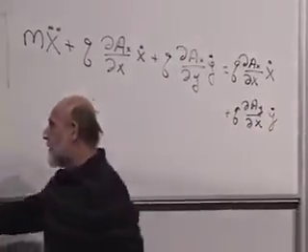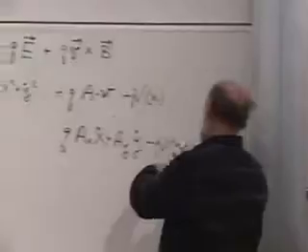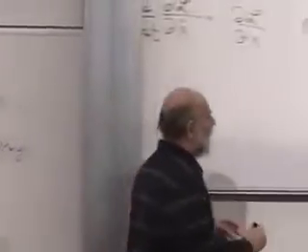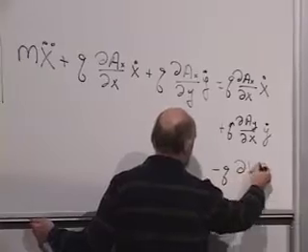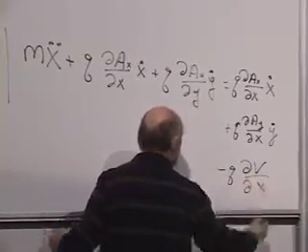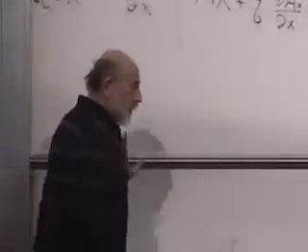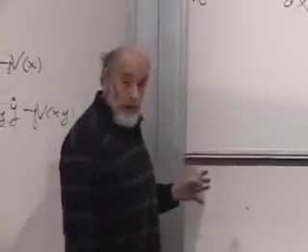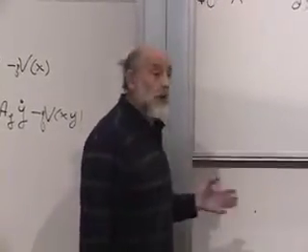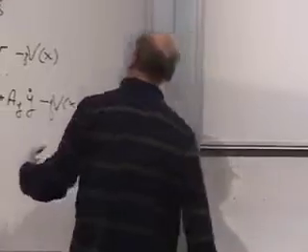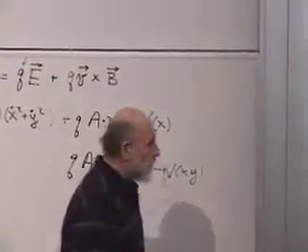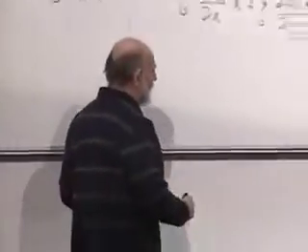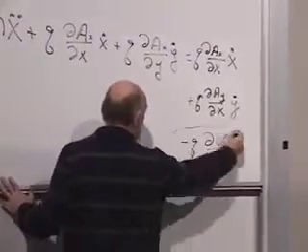That's the derivative of this term with respect to x. And then we get minus q dV by dx. First of all, what is q dV by dx? That's q times the electric field. So that's this term in Lorentz's force law. We can forget about it for now.